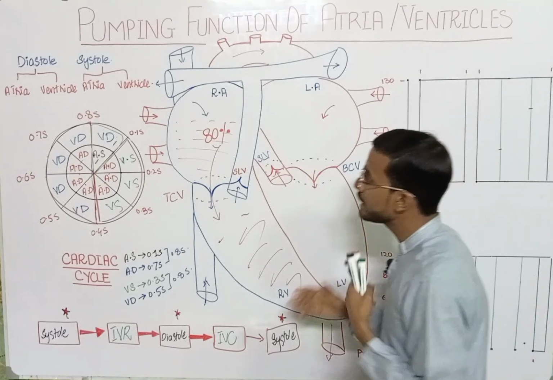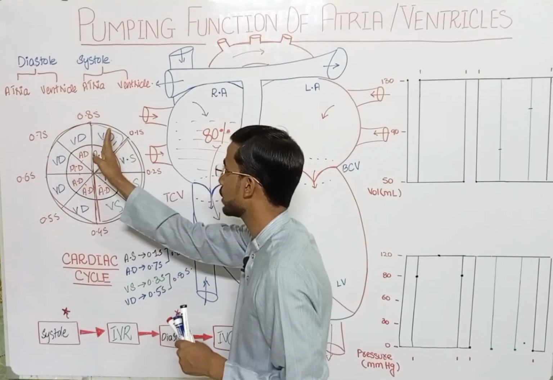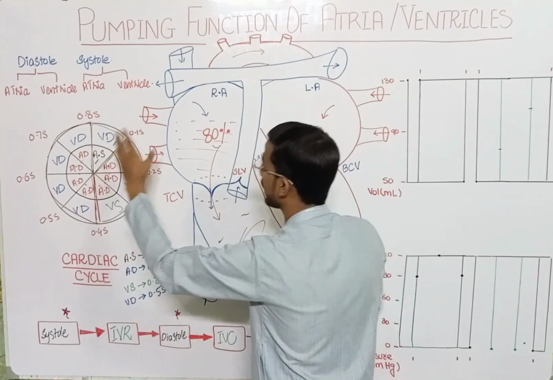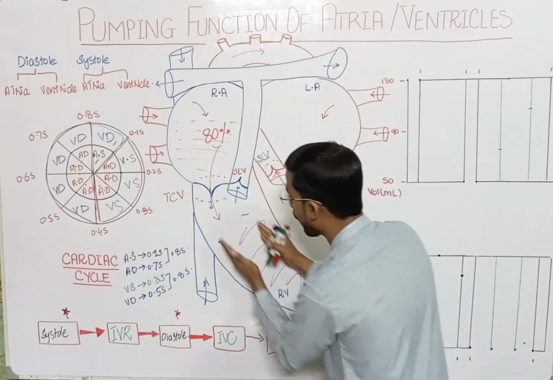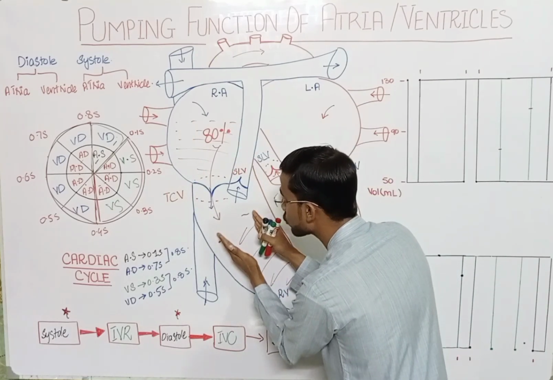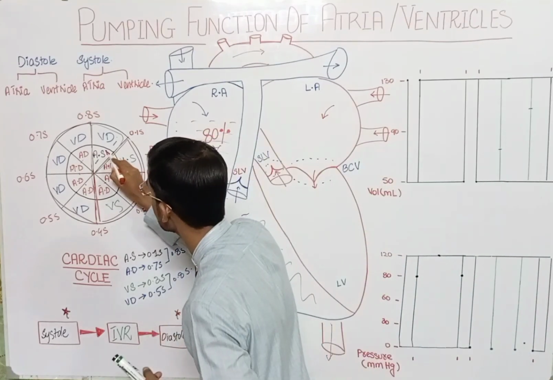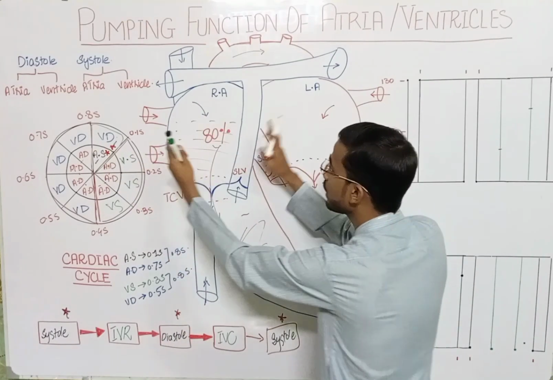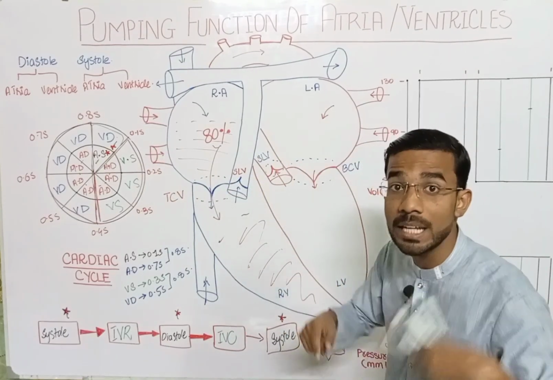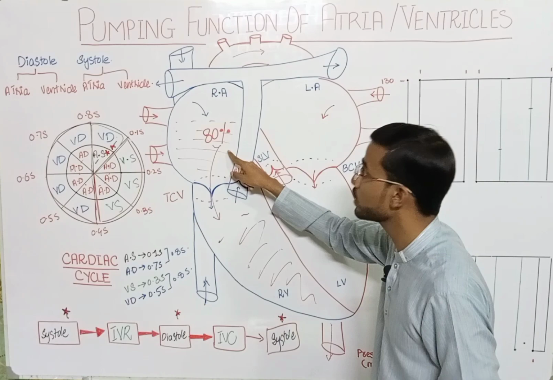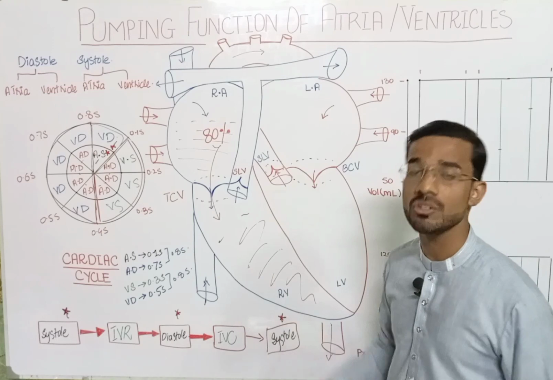And in that situation, what will happen? After this half cycle, you see another situation, the atrial systole, in which the atria contract, and the ventricle is again in diastolic state. So when the atria contract, the remaining 20% of the blood present in the atria moves into the ventricle, and the ventricle is also in relaxed state.